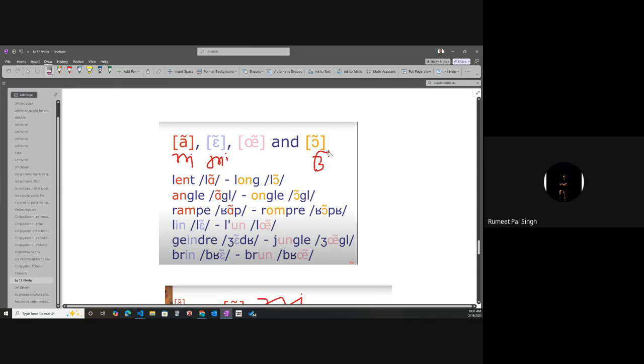Long, long, angle, ongle. Ram, Rom, Le, Lan, sorry, Lan, Lu, Jandra, Jandra.